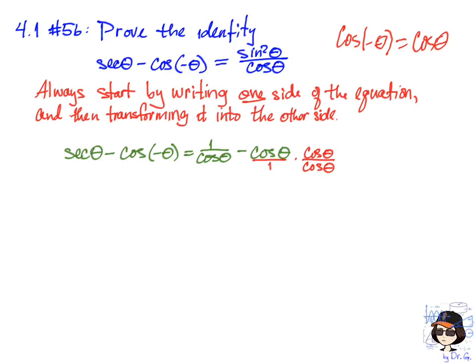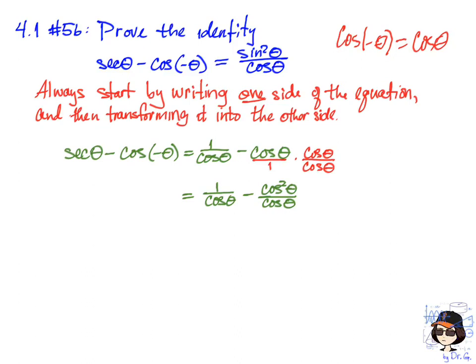So now if I multiply across there, the two fractions, cosine theta over 1 times cosine theta over cosine theta, I'll have a cosine squared theta in the numerator and just a cosine theta in the denominator. So let's rewrite. The first fraction stays the same. The second fraction becomes cosine squared theta over cosine theta. So if you don't write this step, you're not writing a correct proof. You have to write each of these steps.